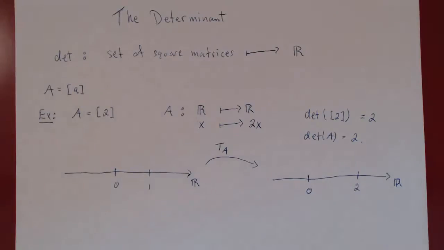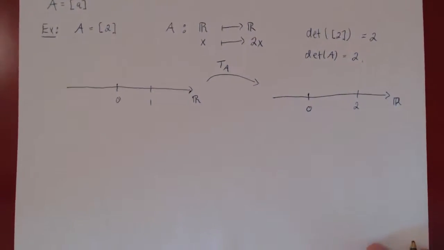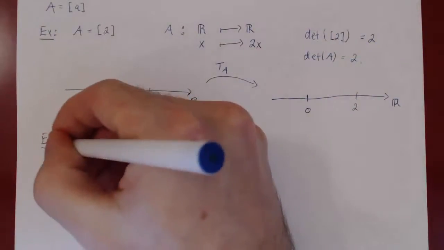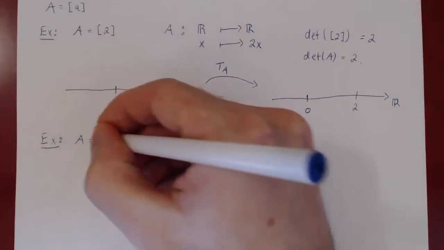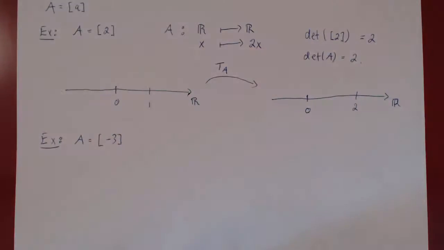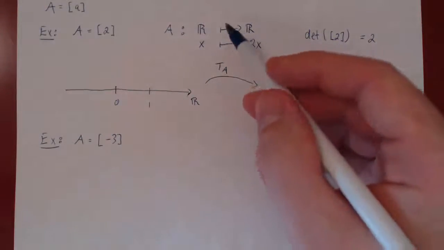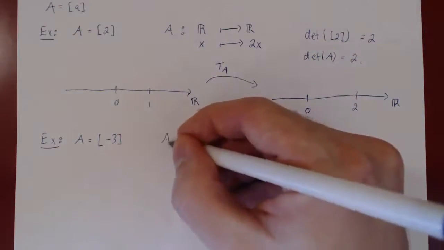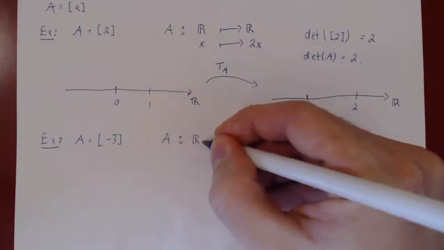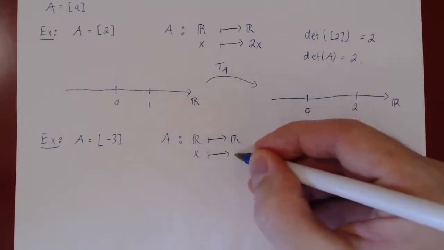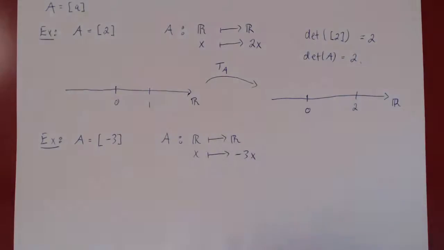What if the entry was negative? So what if we have a second example where now A is given by, say, the single entry negative 3. Once again, we can multiply now not x by 2 but by negative 3. So we have another function on the real numbers. And let's see if there's something interesting going on here.